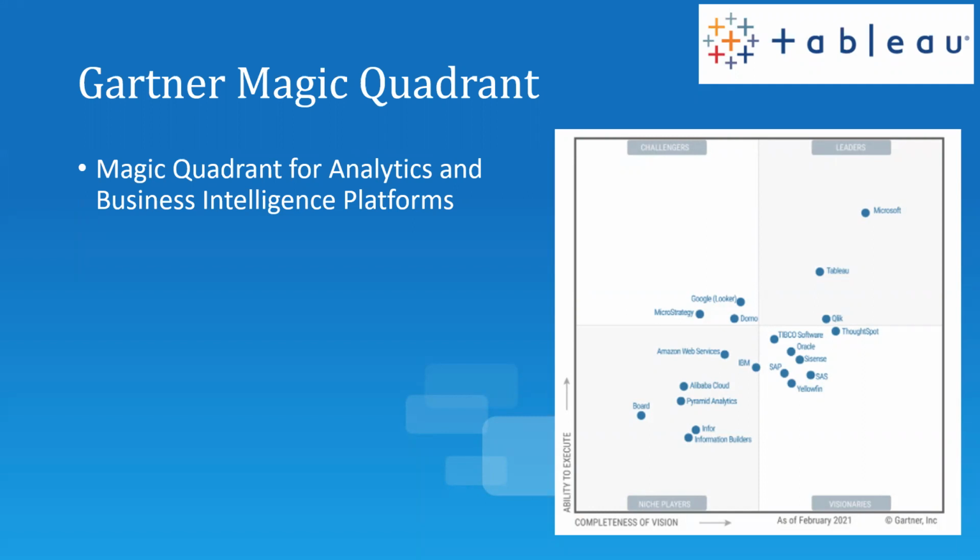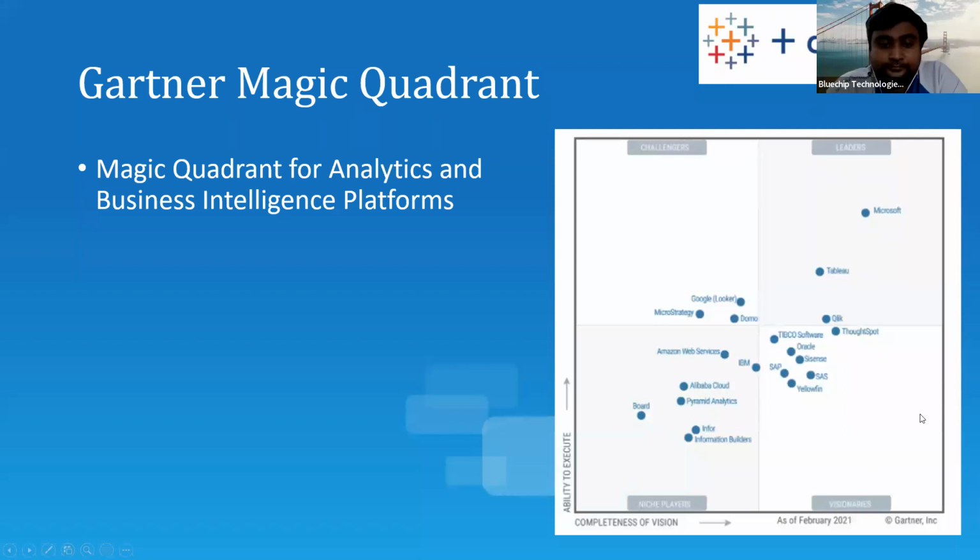Actually, in this Gartner Quadrant, you can see there are four squares: challengers, leaders, visionaries, and niche players. According to the 2021 survey, they identify three leaders here: Microsoft, Tableau, and Qlik.